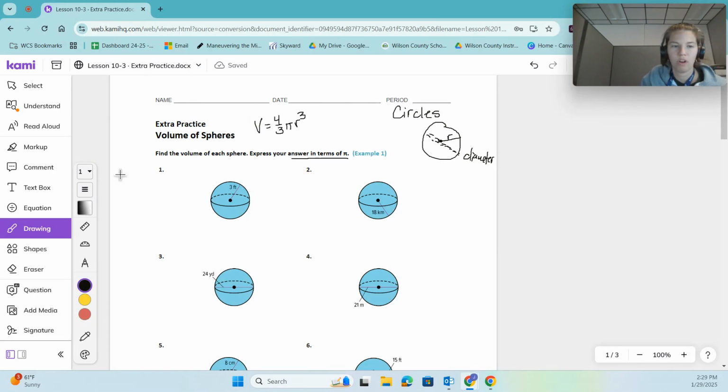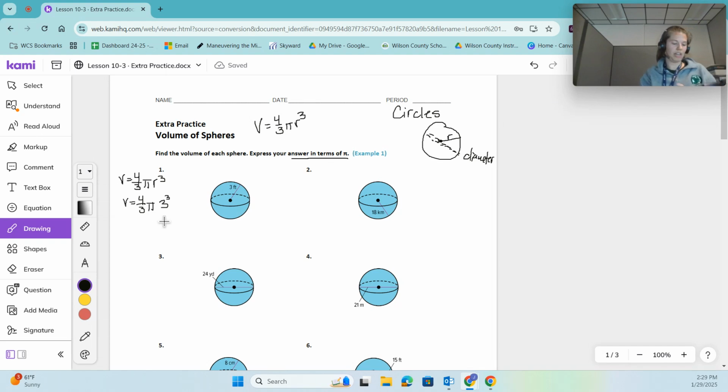So if volume equals 4/3 pi radius cubed, my radius in this one is 3. So I have volume equals 4/3 pi times 3 cubed. I'm going to use my calculator here and take 4/3 times 3 cubed.